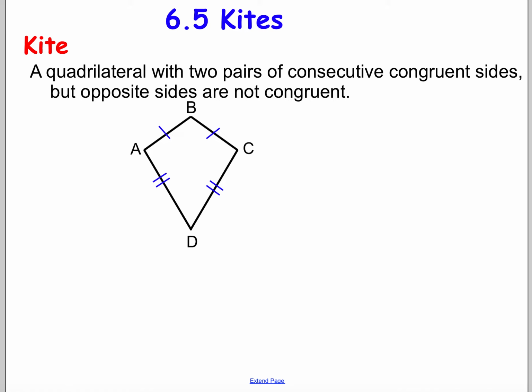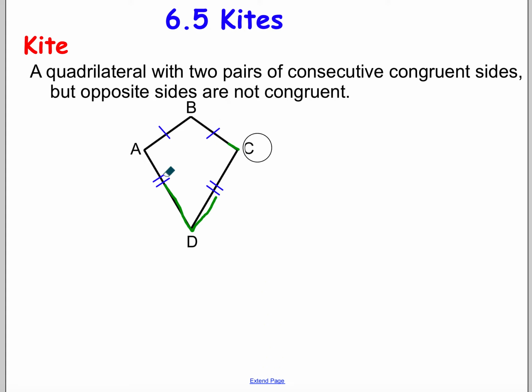So that is saying it's a quadrilateral where the sides next to each other are congruent, and there are two pairs of them, not the sides opposite. You'll notice by these tick marks, this side and this side are not congruent, but AB and BC are. That's what makes a kite, the fact that the two congruent sides are touching right there, and these two congruent sides are touching right there.